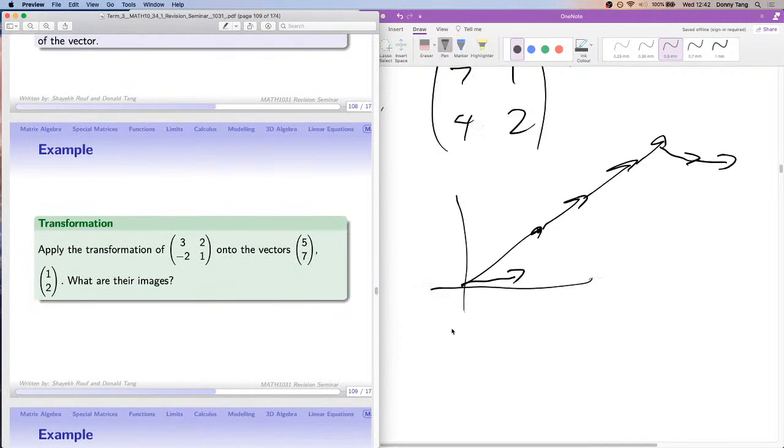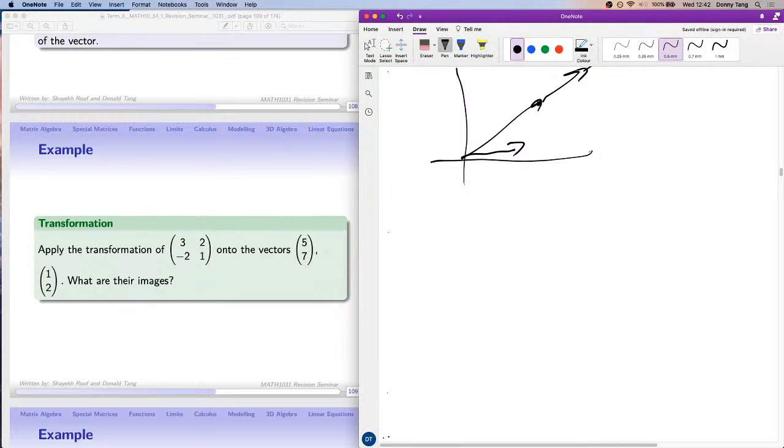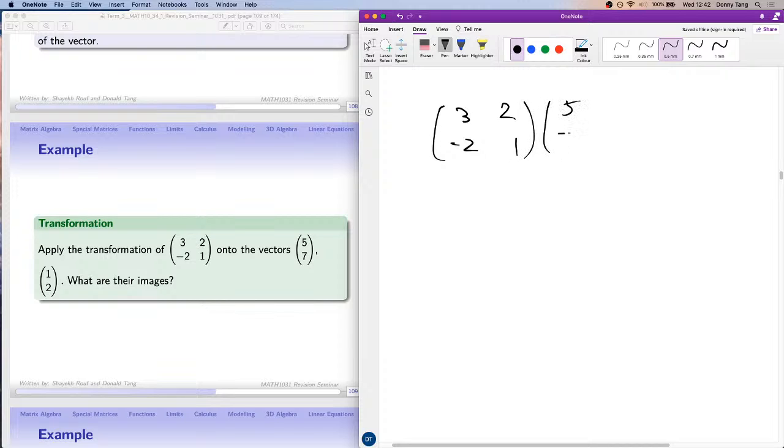So apply the transformation with columns (3, -2) and (2, 1) onto the vectors (5, 7) and (1, 2). What are their images? When you're applying transformations, all you need to do is normal matrix multiplication. So we get the matrix with rows (3, 2) and (-2, 1), and we just do matrix multiplication. I'm sure you guys are super familiar with this.